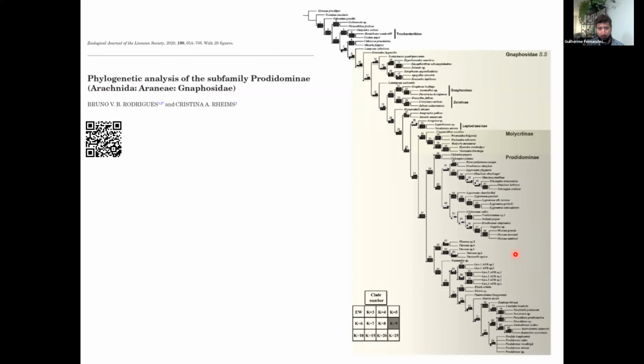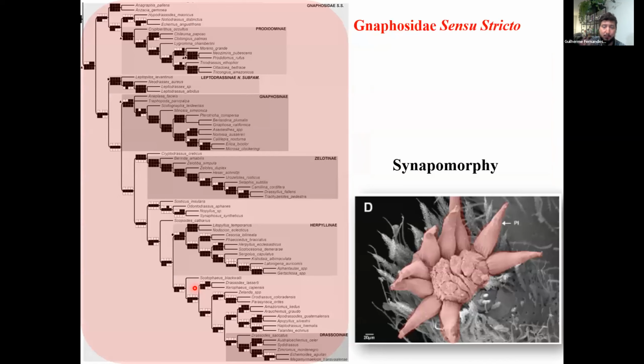Before, as I showed you, the paper by Martin Ramirez also shows something like that. And here the paper by Bruno Rodriguez and Christian Himes, also based on morphology with a big sample of protostomids, also shows them as a branch inside the gnaphosids. So if you treat that as a gnaphosid, we can have the synapomorphy as this enlarged piriform gland spigot arising at the ancestor of this group.